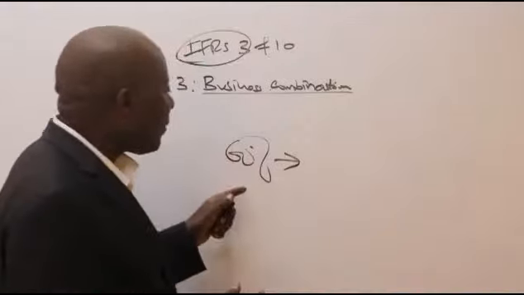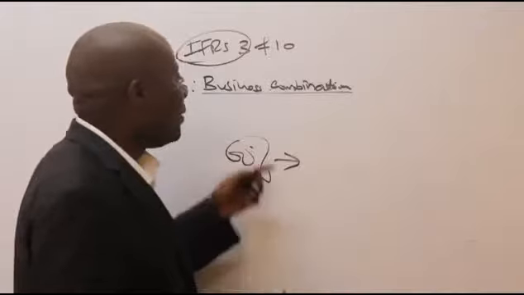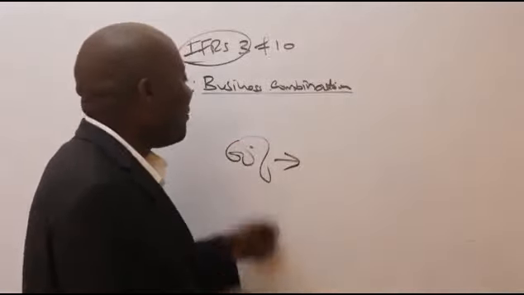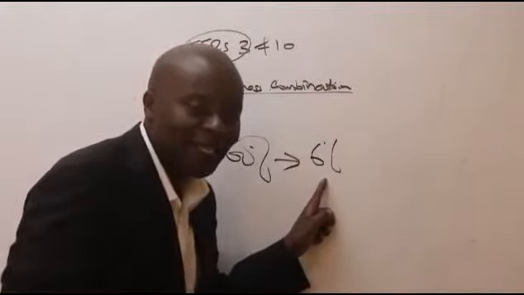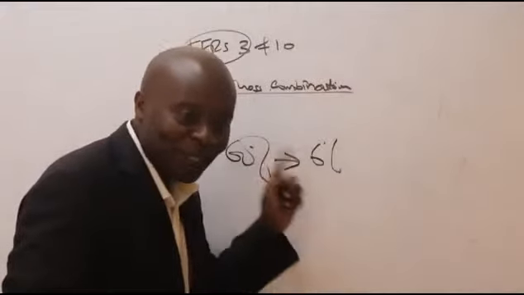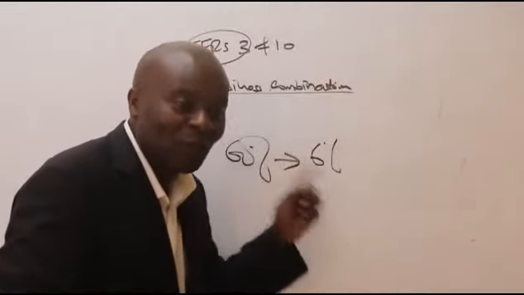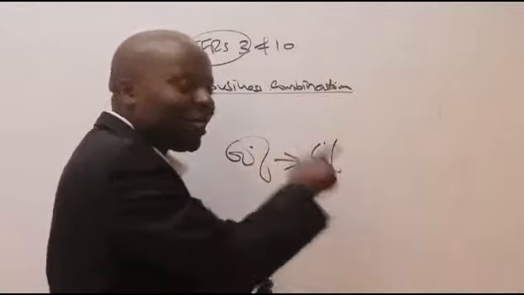So if this remaining 60% is distributed among, say, just 10 shareholders, it means that each one of them will have a paltry 6%. So then who becomes the king? The one who had 40% is the one who will be calling the shots, because 40% is bigger in comparison to what the other shareholders have.